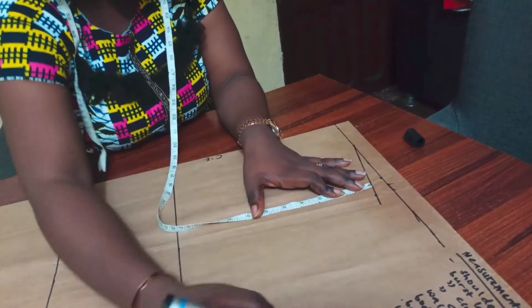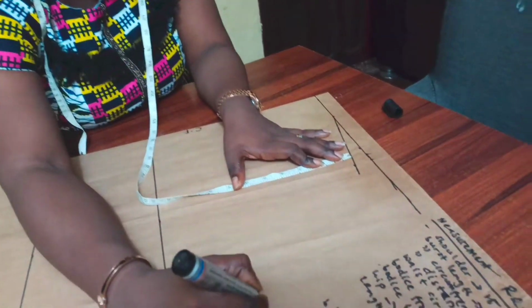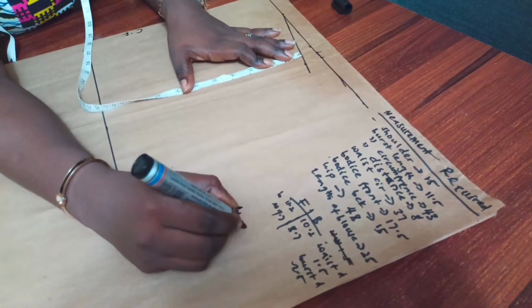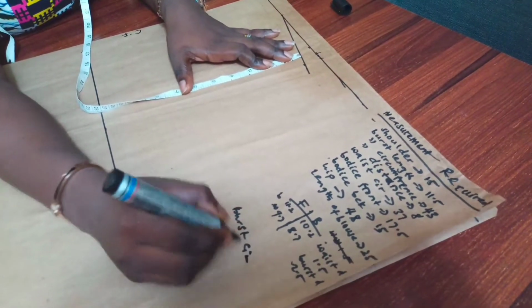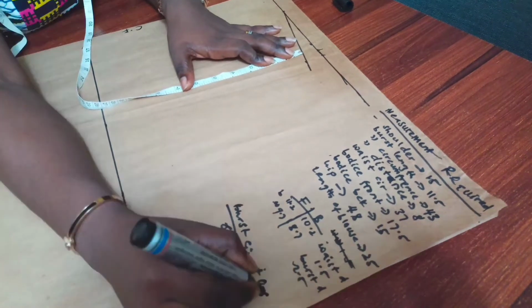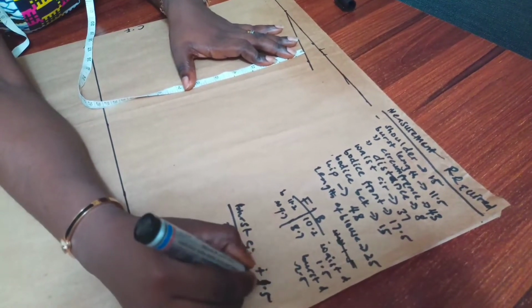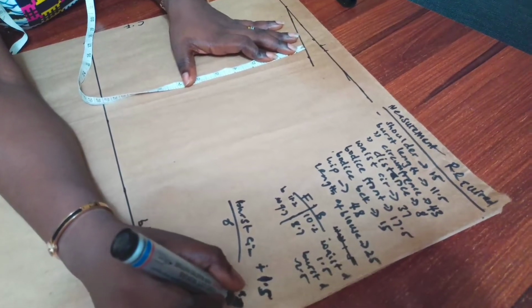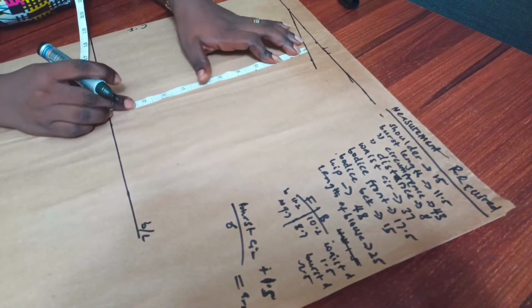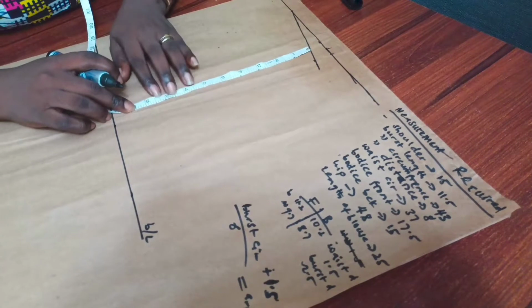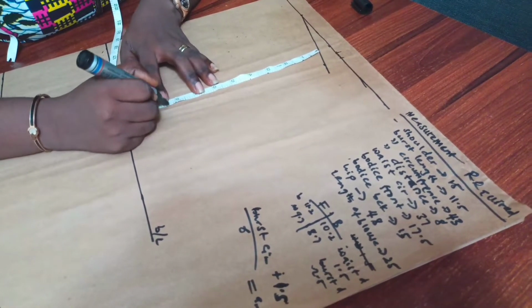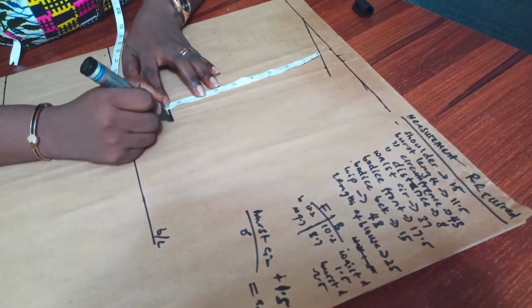Using your bust circumference divided by 4, plus 1.5, it will give you your armhole depth, that is your armhole measurement. So when I do that, I have 8.5.